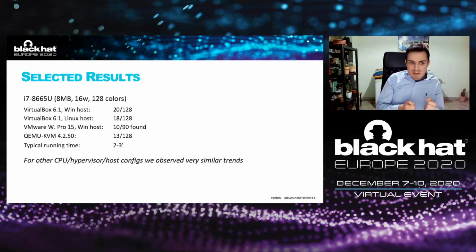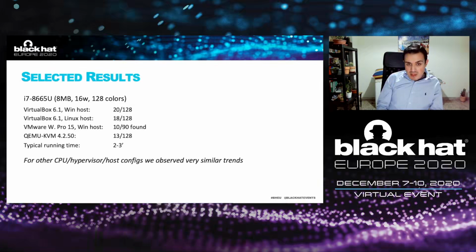We saw similar numbers on VMware, even though we were not able to build all the desired cache sets, probably because of some partitioning we are still investigating. And same for KVM. The test took 2 to 3 minutes, while on the native host it took around 1 minute.